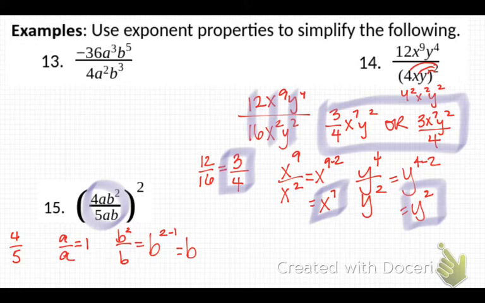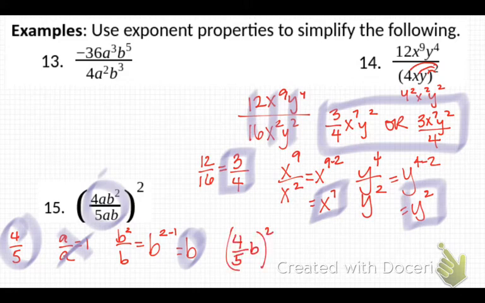Since a divided by a is 1, I'm just going to not worry about that part, because multiplying by 1 just gives me the same thing that I already had. So I'm left with 4/5 and b. I'm going to take that 4/5 b and put it back into the parentheses, because I just simplified the part that was inside.